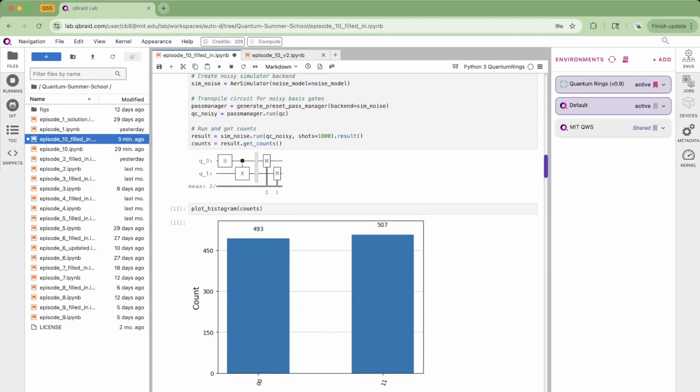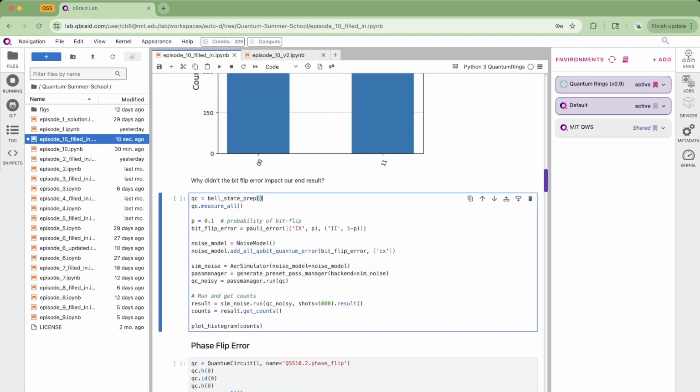Can you think why the bit flip error didn't cause any problem? Because after the Hadamard gate, we're in the state 0 plus 1, and so it doesn't matter if we have a bit flip error, it's still the same.